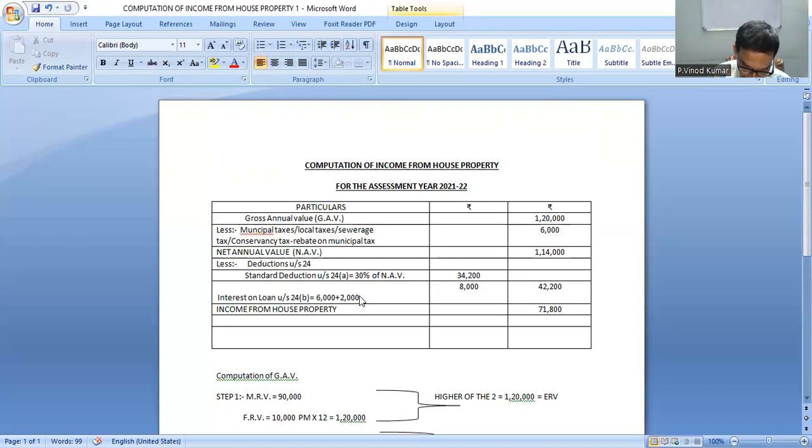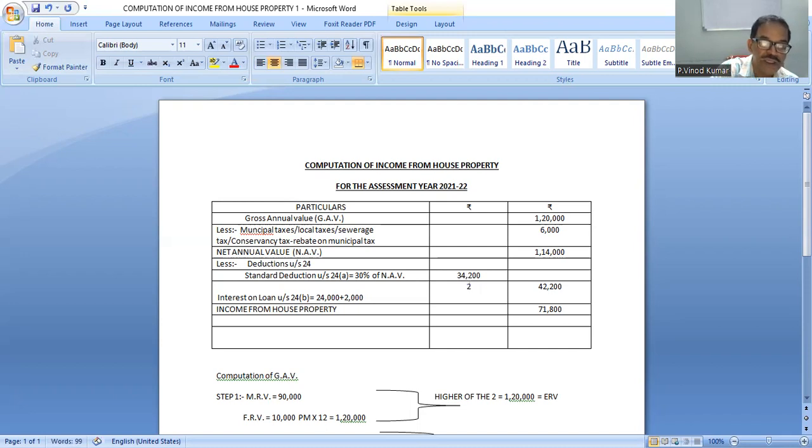You can read the problem here. Interest on housing loan 24,000 and due is 2,000. So we can combine these two, 24,000 actual paid plus 2,000. Total deduction under interest on housing loan, section 24B, will be 26,000, right?